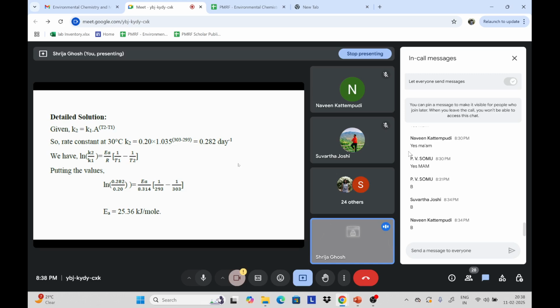Are you getting this answer? Naveen or Suvartha? Whoever has written option B, are you getting this answer?